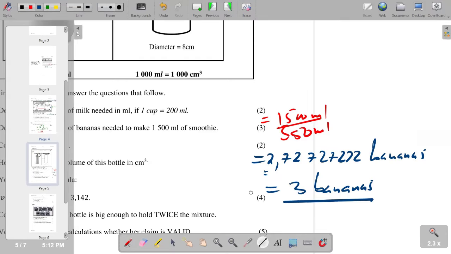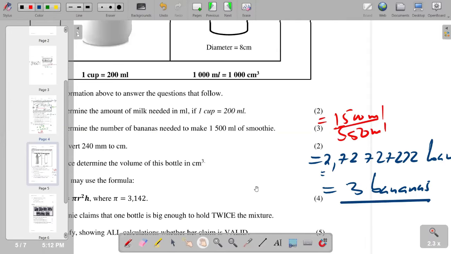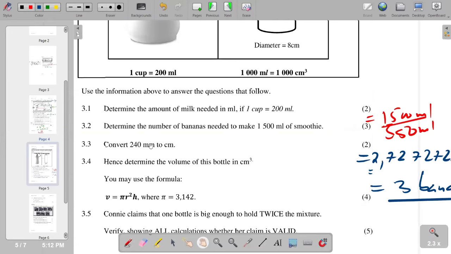So this becomes our final answer. So with that, we move on to the next part. Convert 240 millimeters to centimeters. We know that 1 centimeter is equal to 10 millimeters. So to convert 240 millimeters to centimeters, we divide by 10.